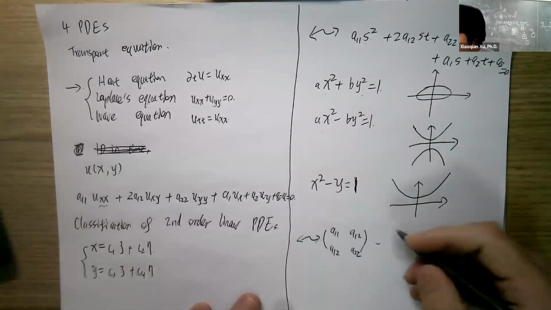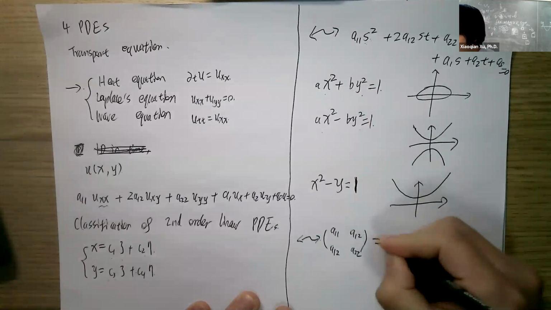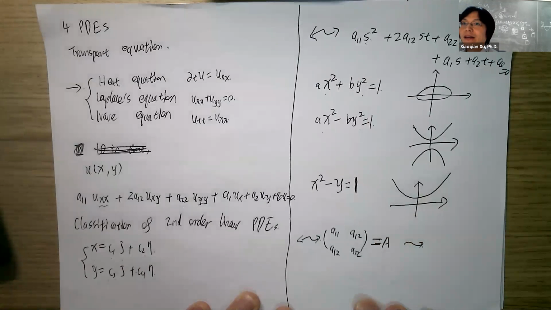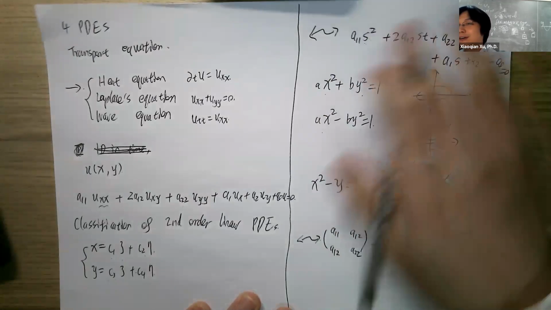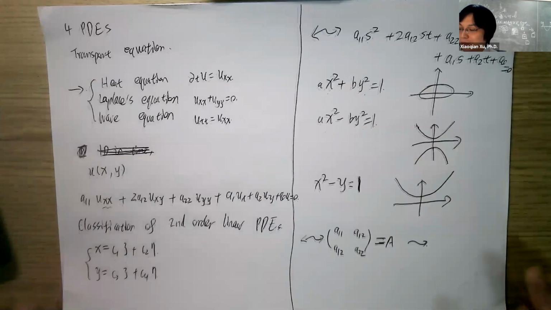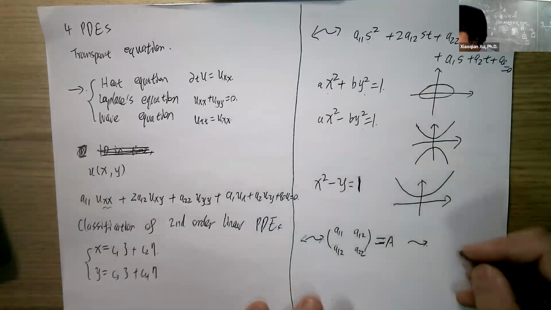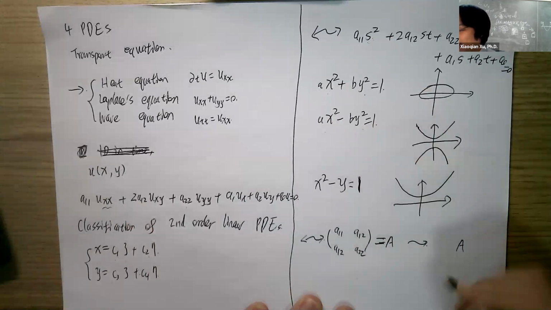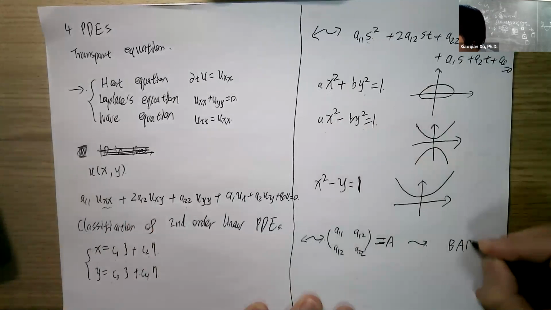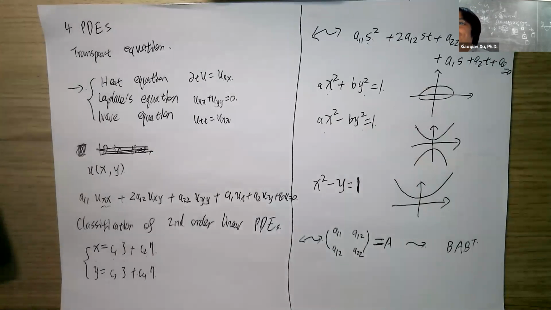Suppose this is a matrix A. Then what you will find is that the coefficient matrix of this algebraic equation or differential equation will be changed to B times A times B transpose.